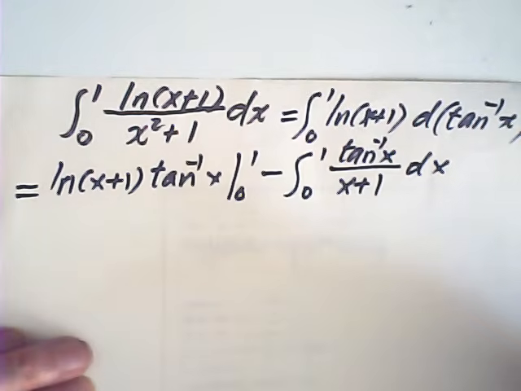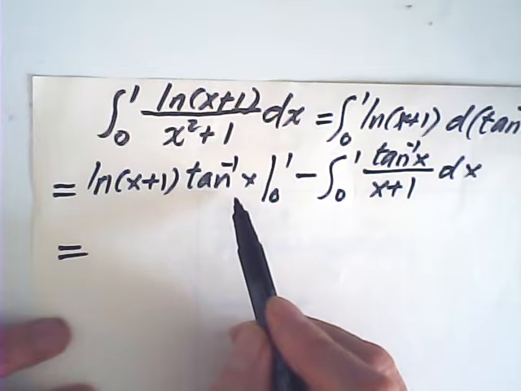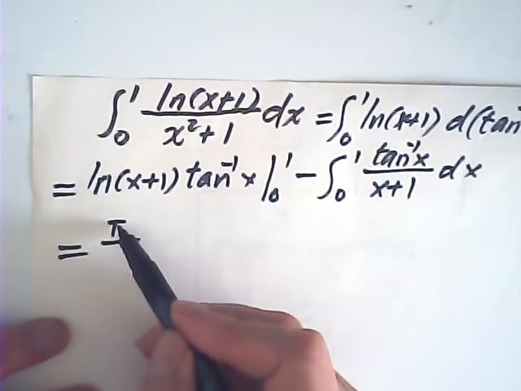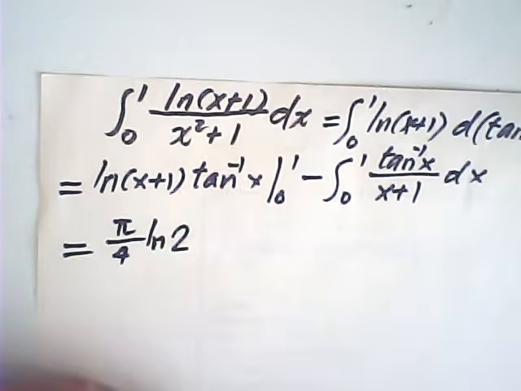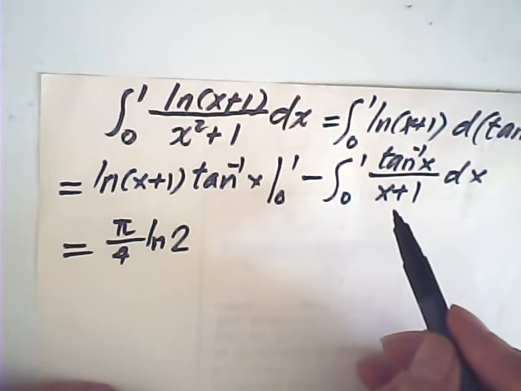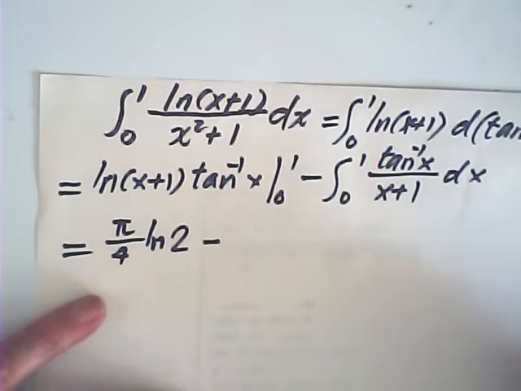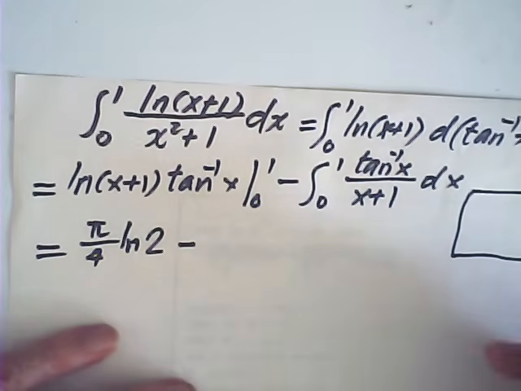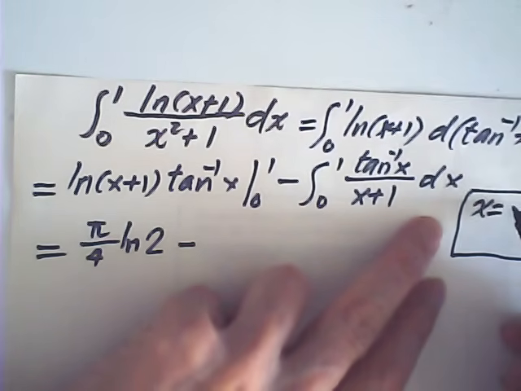And then this one is equal to, this is a quarter pi, this is log 2. Quarter pi log 2. Now, for that one, I'm using substitution. Well, I let x be tangent half t.